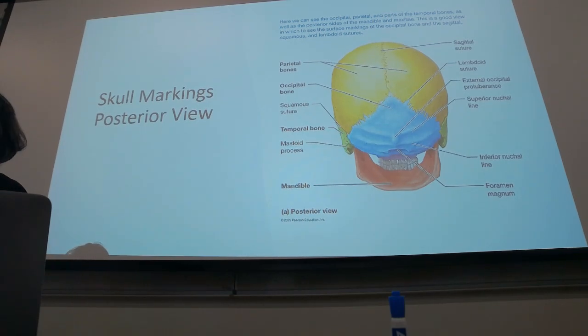Okay, so last time we looked at the markings that you can see in the different bones of the skull in the lateral view. Now we're going to see the markings in the posterior view in the bones, of course, with those markings. In the posterior view, something that you can easily see is the suture between the right and the left parietal bones, which is the sagittal suture.